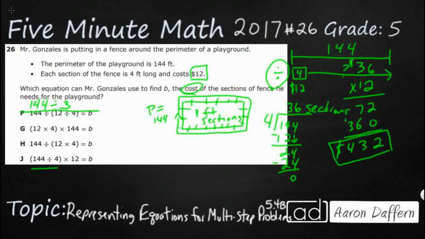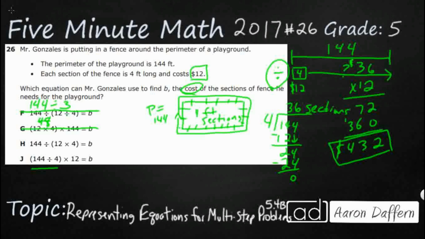G would just be crazy. I mean, you're going to multiply the 12 times 4, which is going to get you 48. So you do the parentheses first, and then you multiply 48 times 144. I don't even want to know how big that would be. That would be huge. H is division, but take a look at what we've got here.